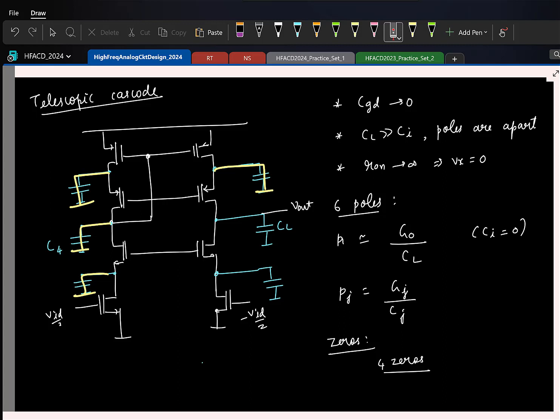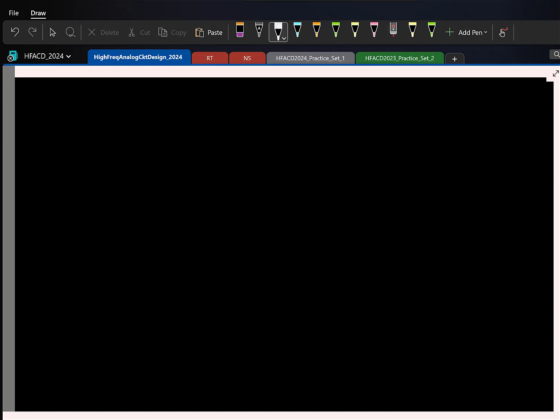So 4 zeros. And again, we'll find the dominant pole, and the other non-dominant poles we can approximate as the conductance at that node divided by the capacitance at that node. We'll assume this is a low frequency pole and all the other things are happening at a much higher frequency. So if I roughly sketch the Bode plot of the transfer function, we'll have a large DC gain, then a very low frequency pole P1, and then all the other poles and zeros occur far apart like this.